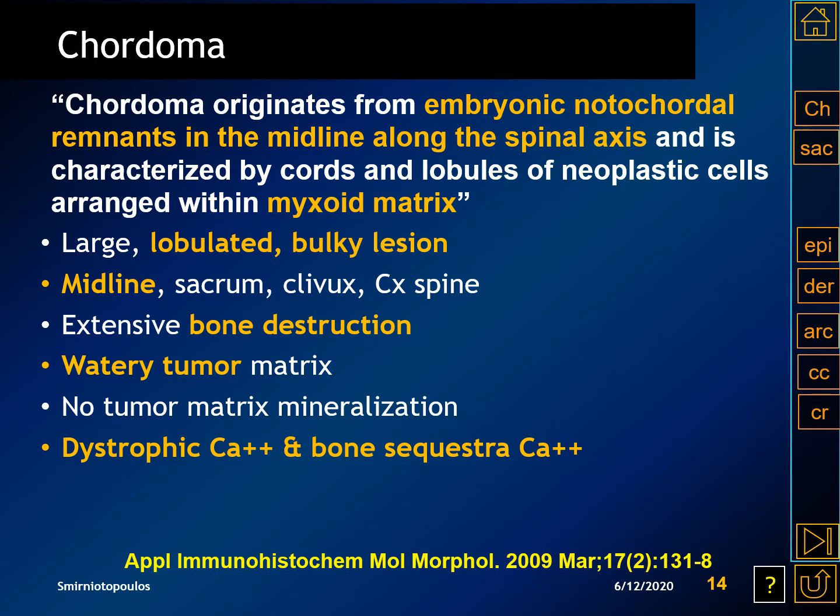They produce lobules of neoplastic cells and a watery myxoid matrix, which accounts for their high signal intensity on T2 and relatively low signal intensity on T1 weighted images. They're classically associated with dystrophic calcification and with fragments of the parent bone persisting as sequestra within the tumor.